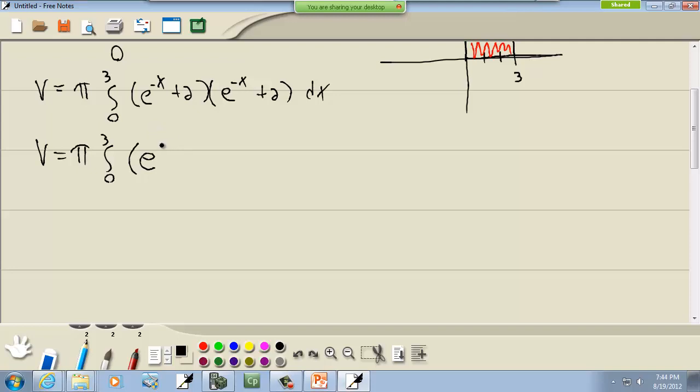Negative x plus negative x gives us negative 2x. E to the negative x times 2 gives us 2e to the negative x. 2 times e to the negative x gives us 2e to the negative x. And 2 times 2 is 4.